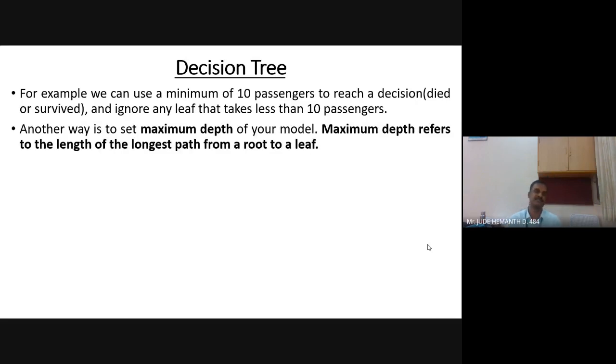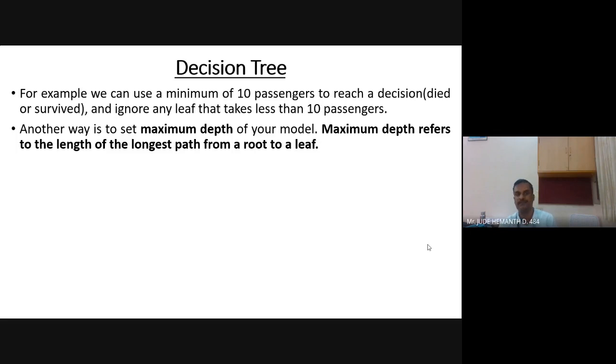Another way is to set the maximum depth for your model. First one is minimizing the number of leaves. Second one is the maximum depth. It refers to the length of the longest path from a root to a leaf, right? So maximum depth means you need to have a longer path. When you have a longer path, it indirectly indicates that all the categories are more or less put into the same group.